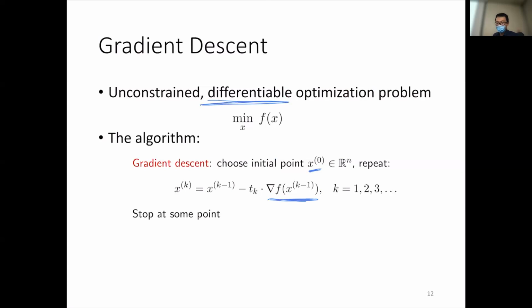So you repeatedly update your parameter by moving towards the direction of the negative gradient with this learning rate. I'm actually going to be using a slightly different notation over here, so we'll be using f of x_t and x_{t+1}, moving towards the negative gradient direction with the learning rate eta_t, until some stopping condition is true.